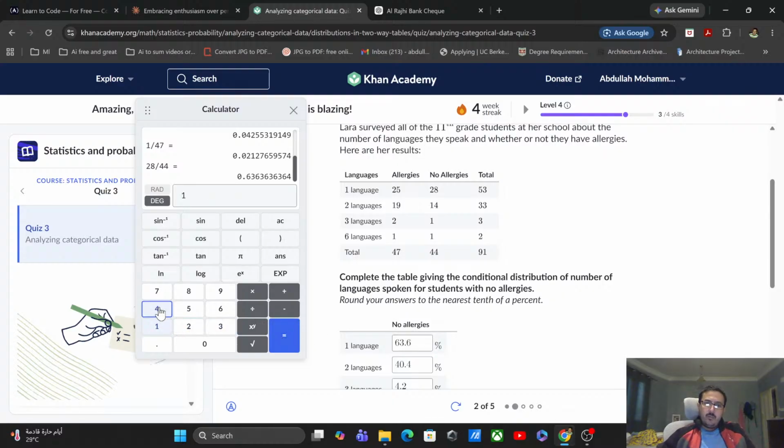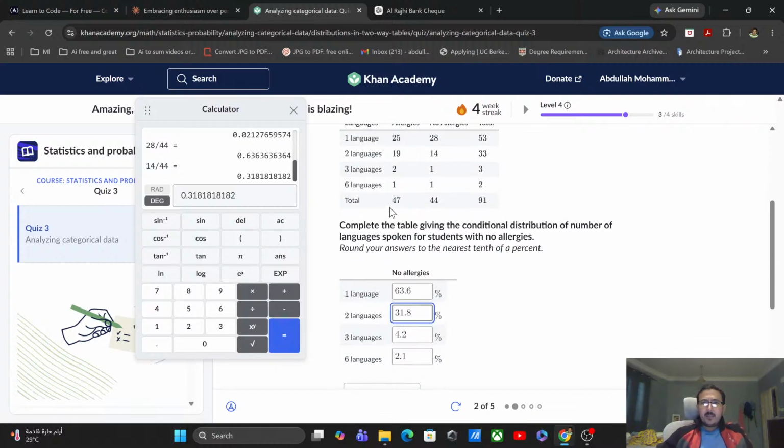Okay, 14 over 44, 31.8. And then I got 1 over 44. Actually 2%, 2.2.